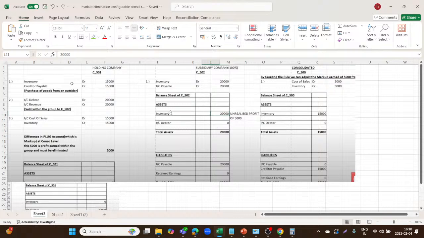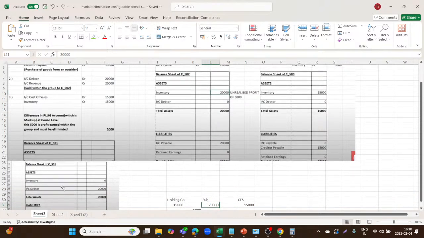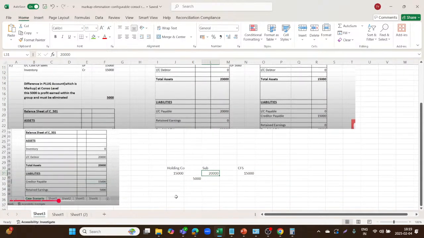So you can see inventory account debit. So inventory of 20,000 will be coming under the assets. The intercompany debtor that was there for the holding company, that is 20,000, the holding company shows the debtor and here it will show the creditor, right? So for the holding company, the subsidiary will become the intercompany debtor.